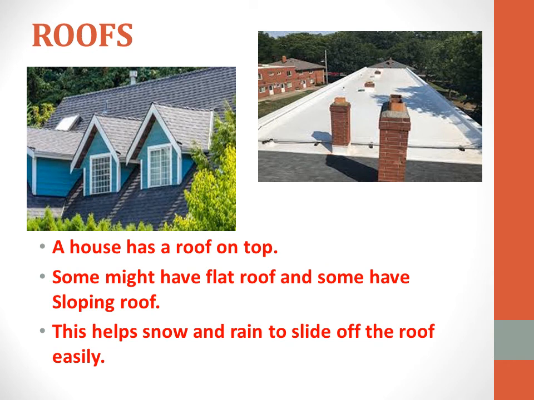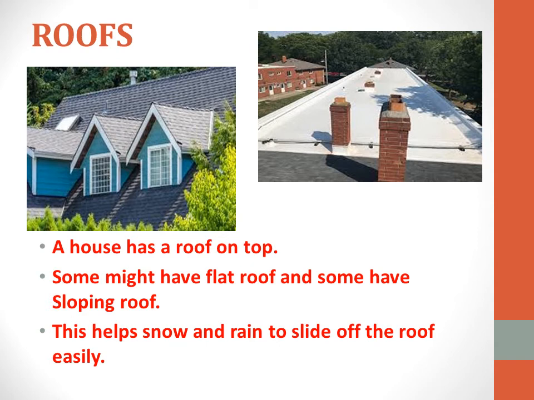So the last topic in this is roof. So what is a roof? We all know what a roof is, which is there above. Yes, we have two kinds of roof. One will be like a slide, and one will be flat. Why we have a slide type of roof is that in places like America and other places, the snow will be more.